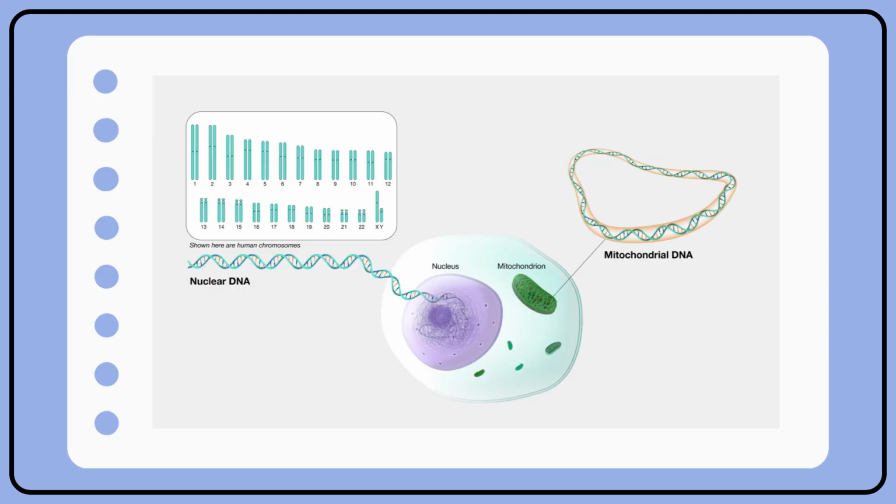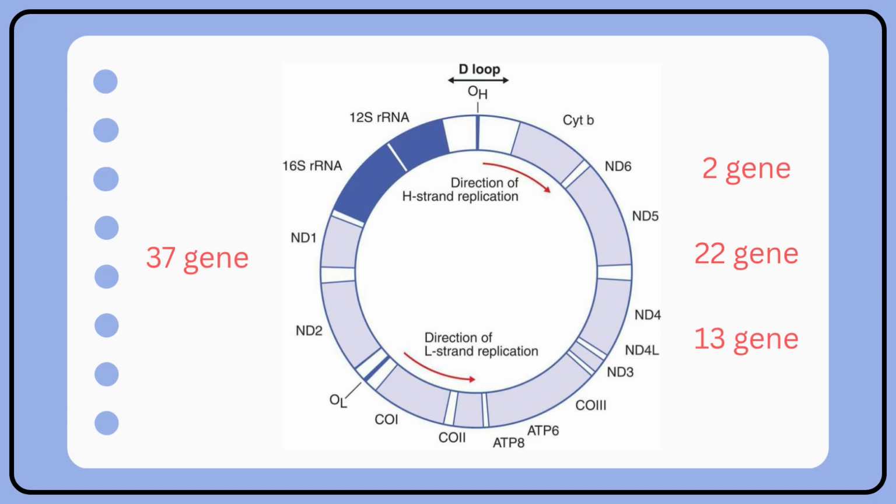Unlike nuclear DNA, the mitochondrial genome is very compact. Nuclear DNA consists of about 98% of repetitive DNA, but mitochondrial DNA contains very little repetitive DNA and encodes just 37 genes.